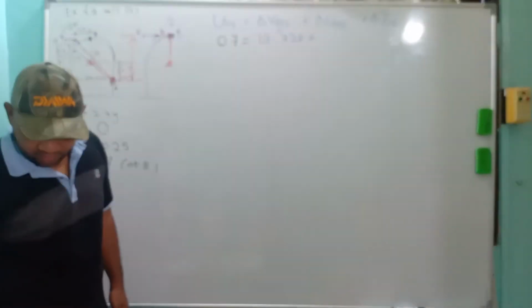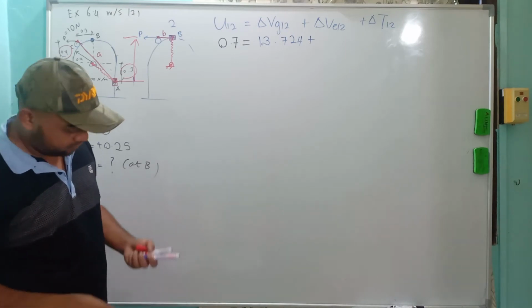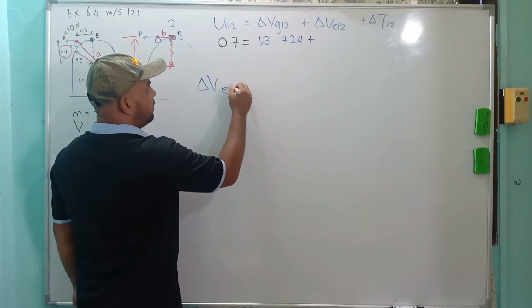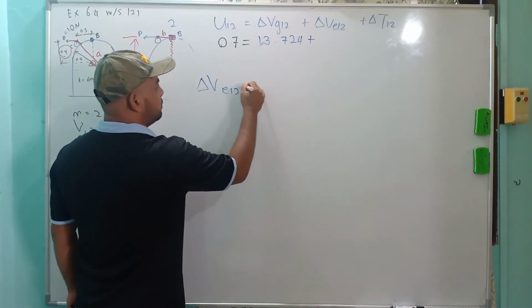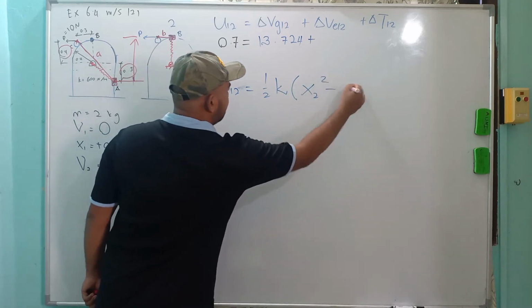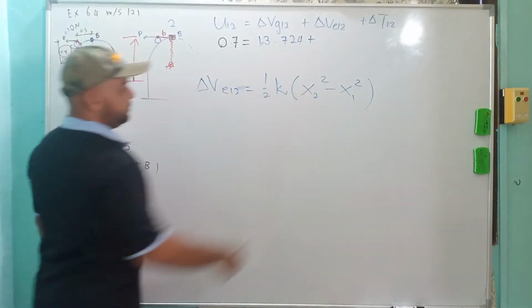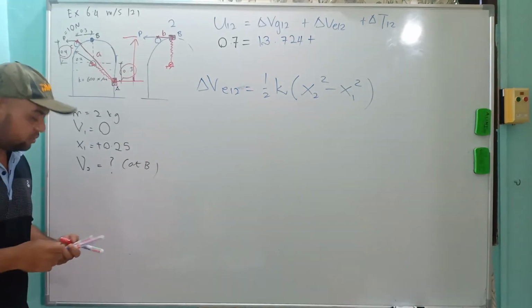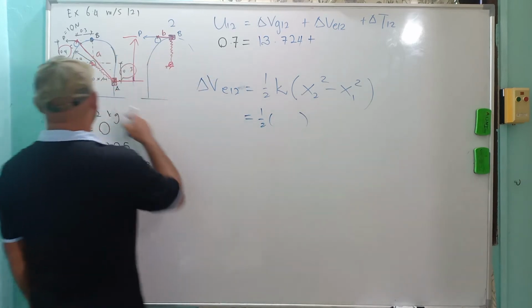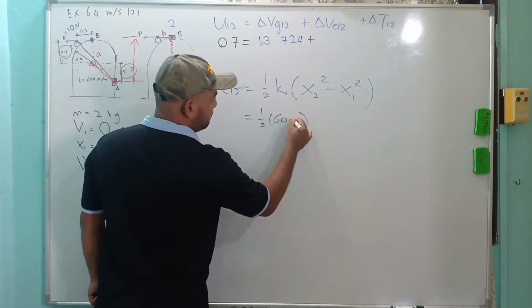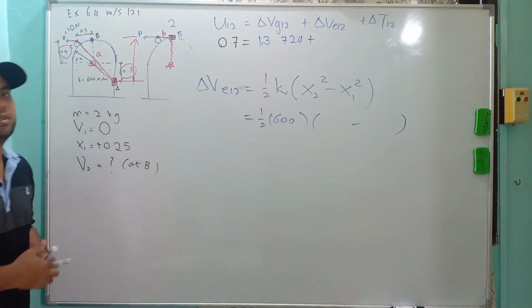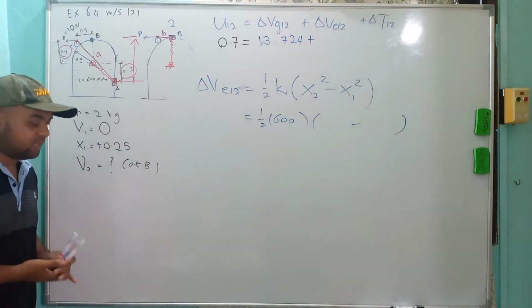So we have the delta Ve. Delta Ve12 equals one half k times (x2 squared minus x1 squared). Here also you put first the thing that you know, given k is 600. Now you only need to find x1 and x2.